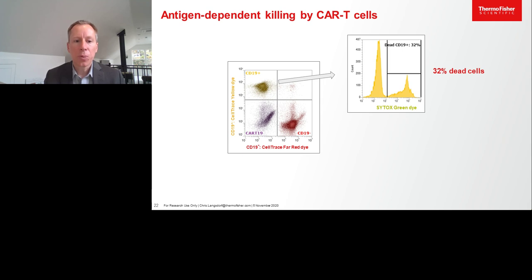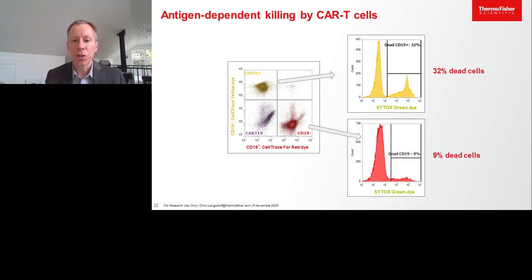On the top left, we have our CD19 positive population. On the bottom right is our CD19 negative, what we could call the bystander population. Now, if we gate on our target cells and ask how live are they, or to what extent have they been killed, we can see that in this case, 32% of those cells are dead at the end of this experiment.